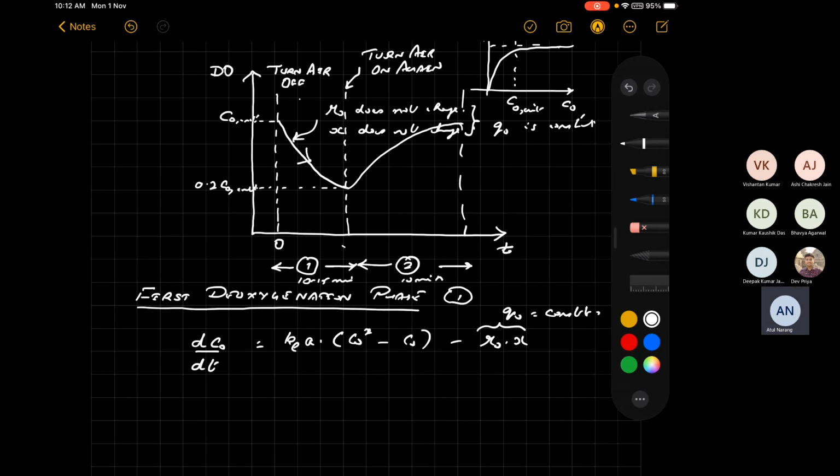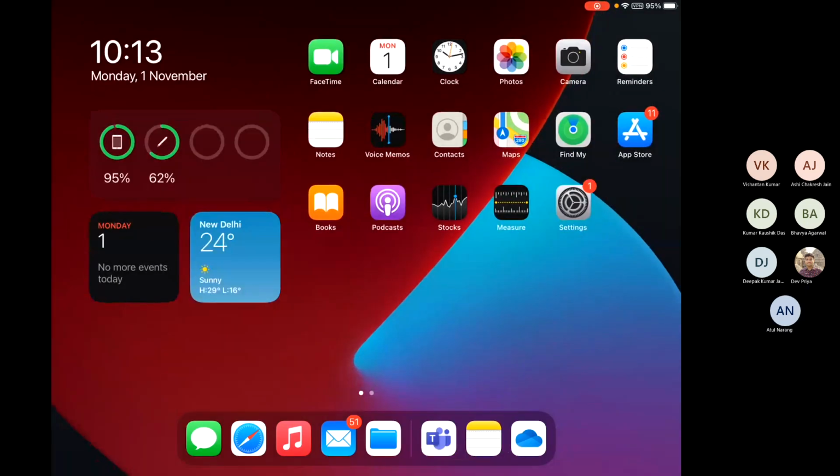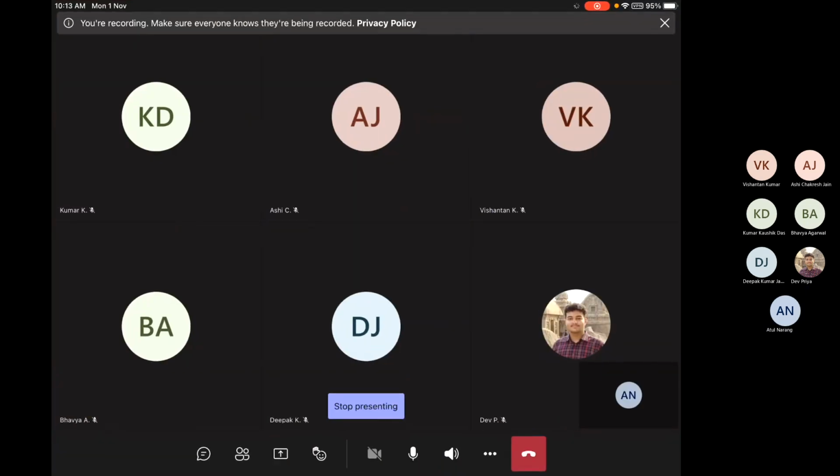And what do you think is the value of this term? I just want to see if anybody's paying any attention. What is the value of this term during the first deoxygenation phase? Anybody?